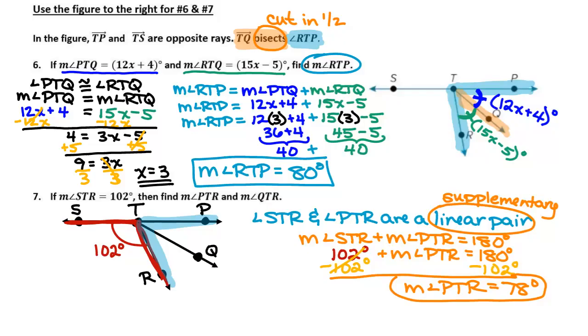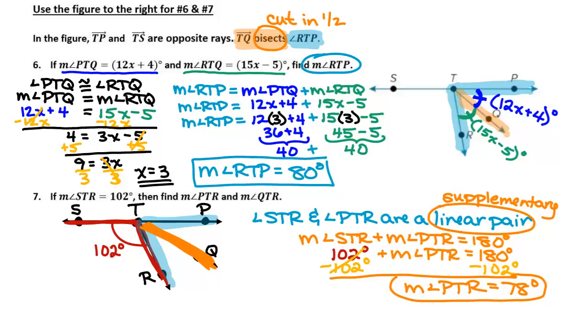Way back at the beginning, before problem number 6, do you remember where it said TQ bisects RTP? This is RTP. TQ is bisecting that. What does it mean to bisect? To split in half. So what do I want to do with that measurement if I want just this angle?